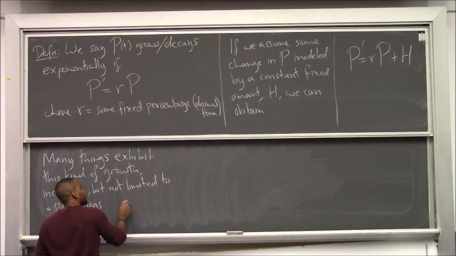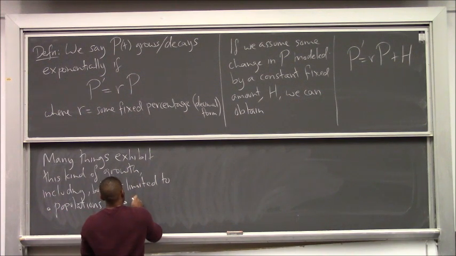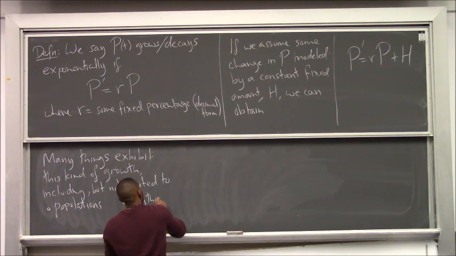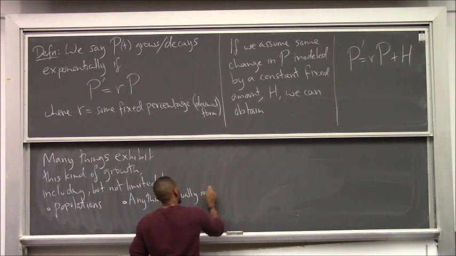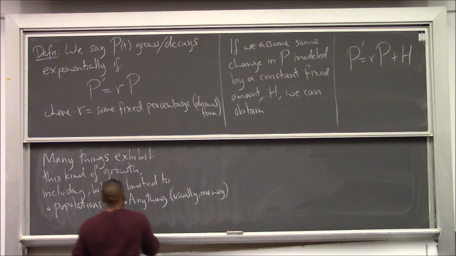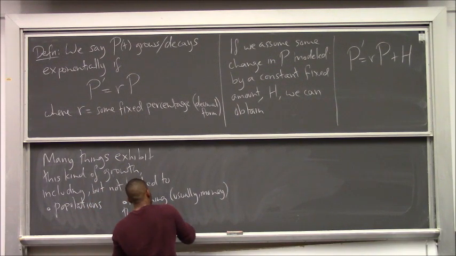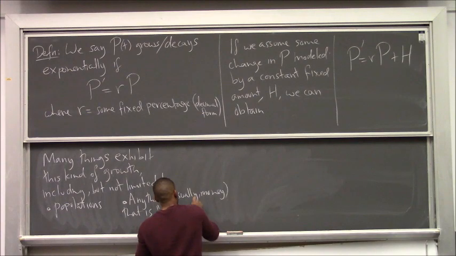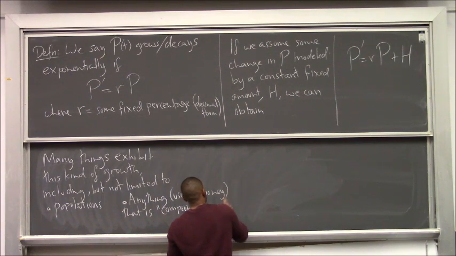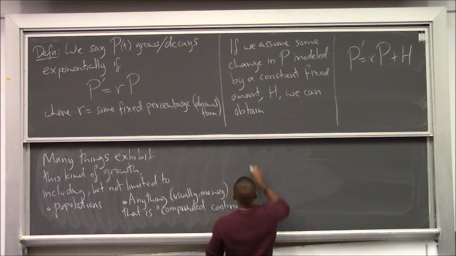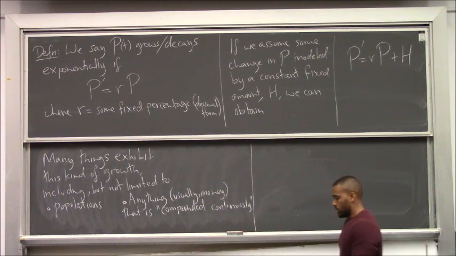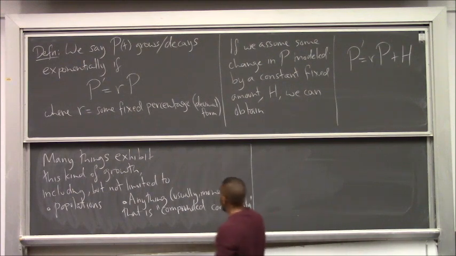And anything, usually in our context, money, that is compounded continuously. So that's where that kind of comes from.